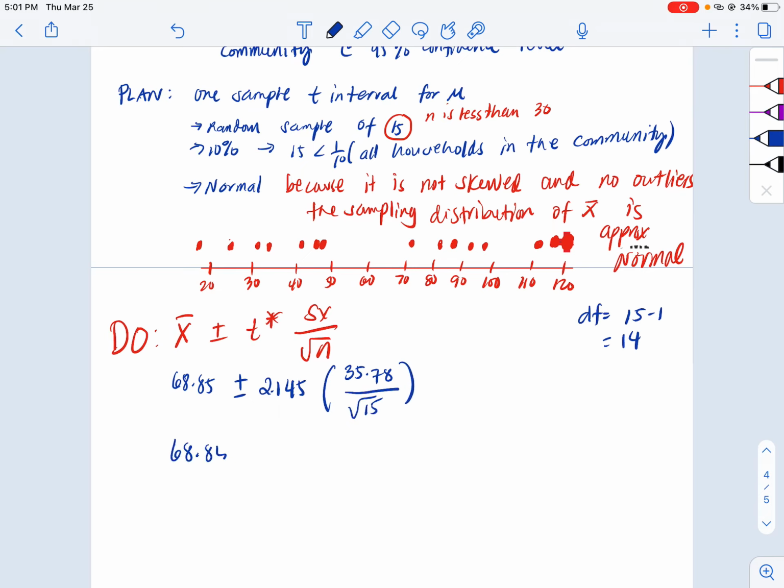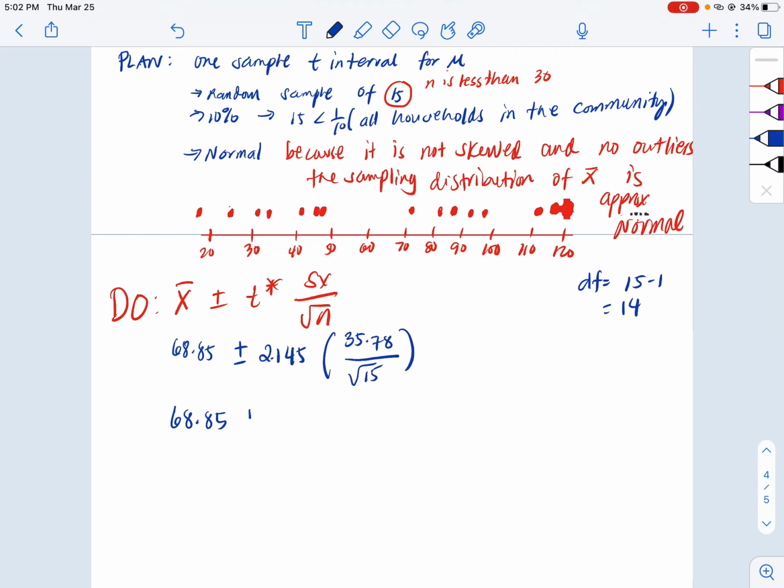So 68.85 plus and minus. I'm going to multiply this whole thing all at once in my calculator.